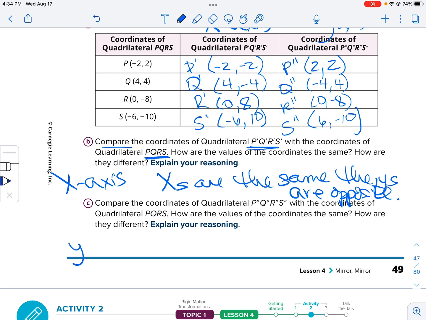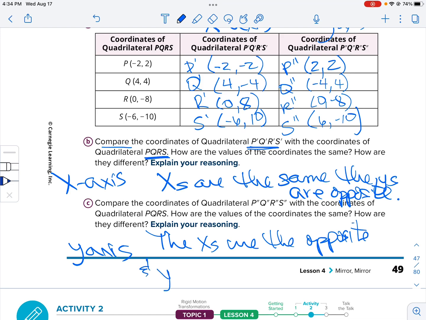It's going over the y-axis. If we look at this, the x's are the opposite. And the y's are the same.